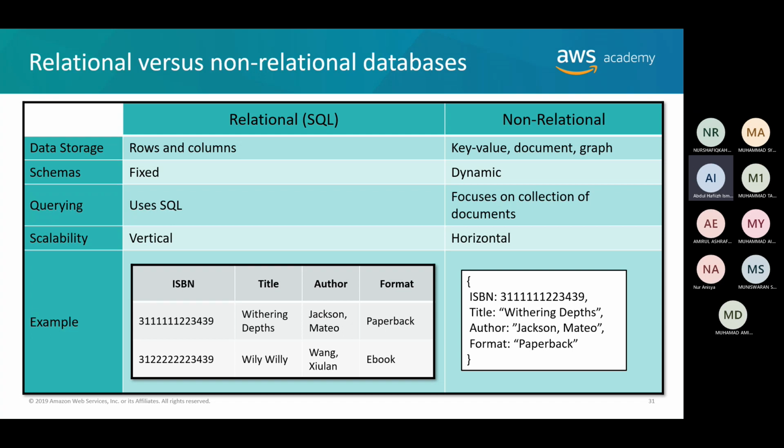For relational database, or we call it RDB, it works with structured data that is organized by tables, records, and columns. So RDB establishes a well-defined relationship between database tables.